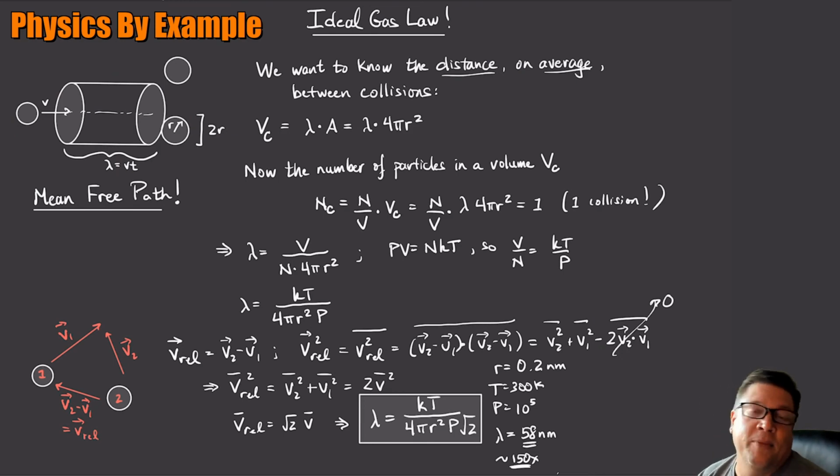They're sort of widely separated molecules that aren't exactly sticking together, not packed so closely together. They can travel on the average 150 times their own size before colliding with something else.